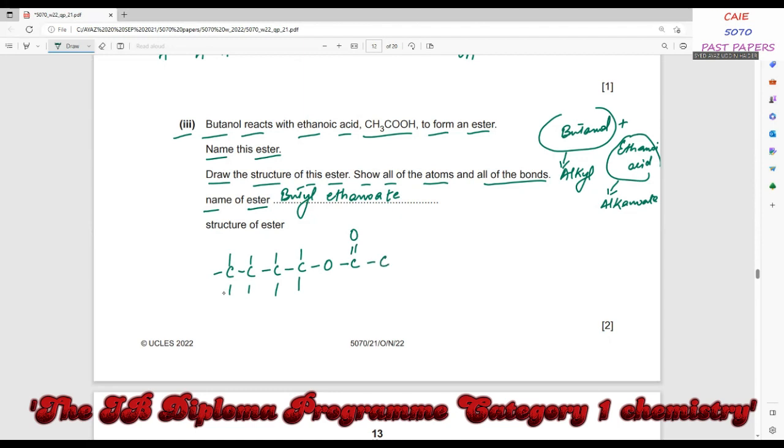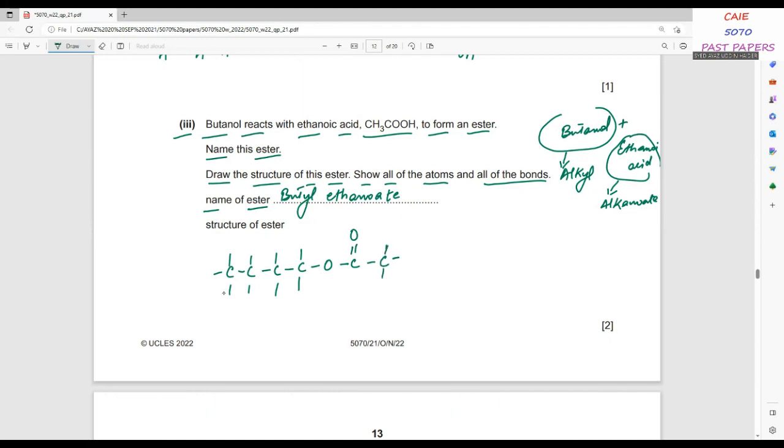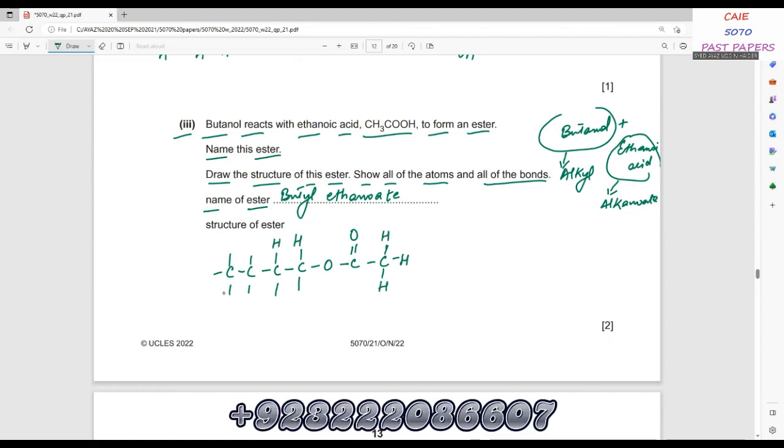Ethanoate means 2 carbon atoms. Now I'm placing the hydrogen atoms. This is one way of drawing butyl ethanoate. Now I will show you the other way of drawing this butyl ethanoate. You can start with the ethanoate side. 1, 2.